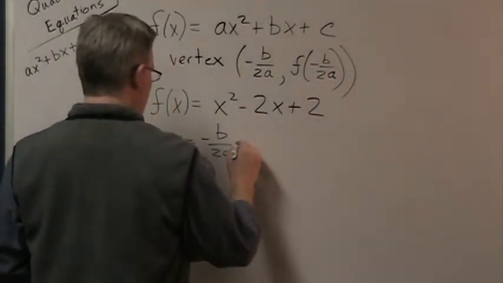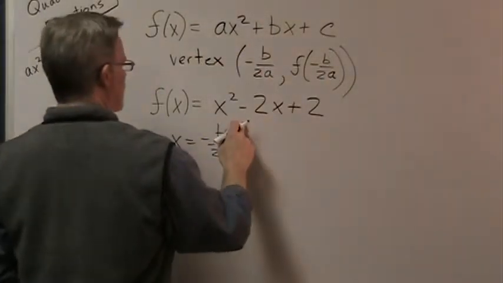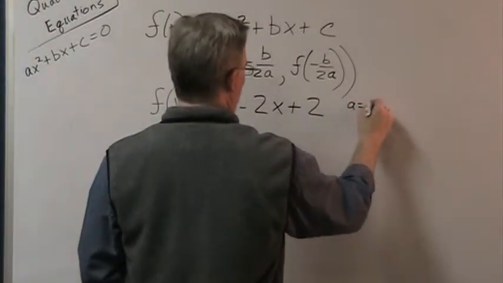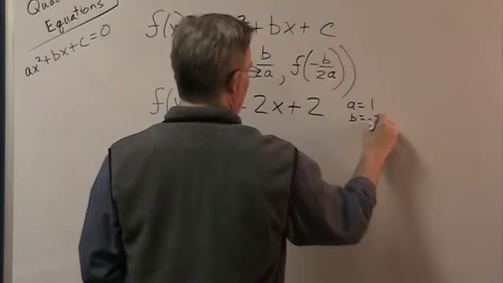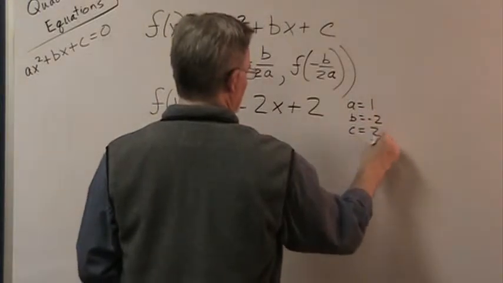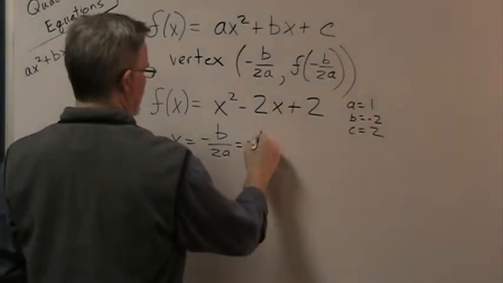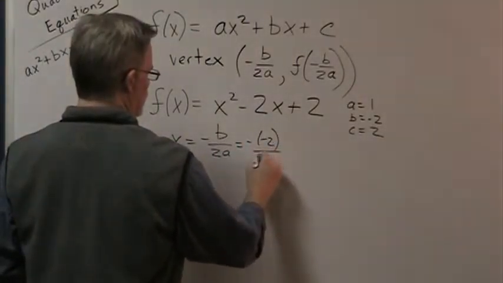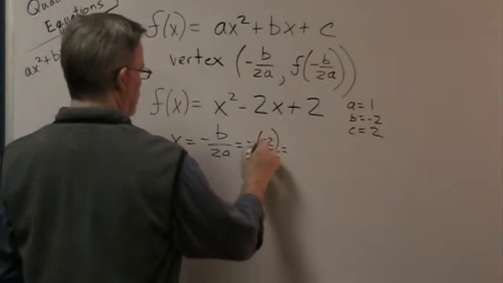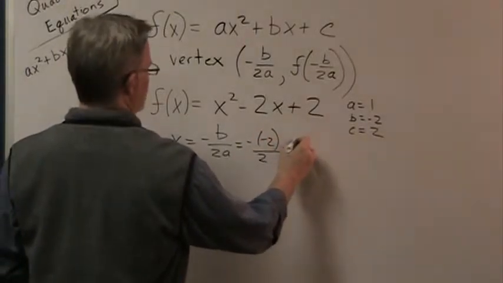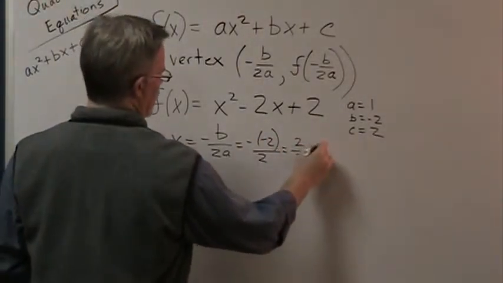Negative b over 2a. In this particular problem, a is equal to 1, b is equal to negative 2, and c is equal to 2. So very quickly, you have negative, and then negative 2 over 2 times 1. This ends up being a positive 2 over 2, or 1.